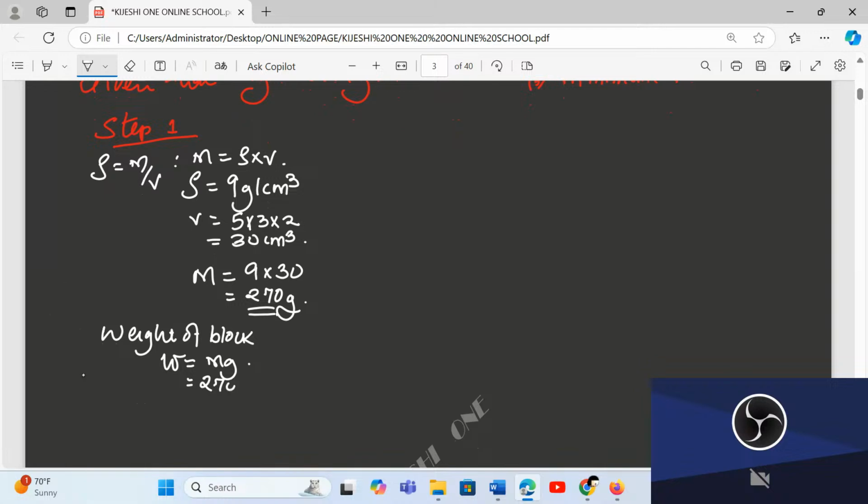So it will be 270 divided by 1000 times 10, our G. And in this case, we're going to arrive at 0.27 times 10. This is 2.7 newtons.